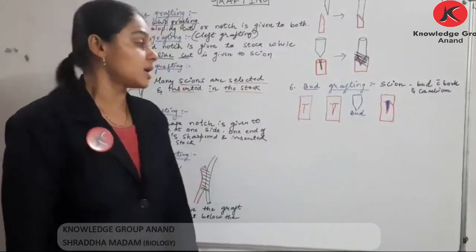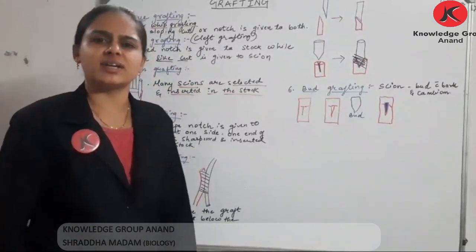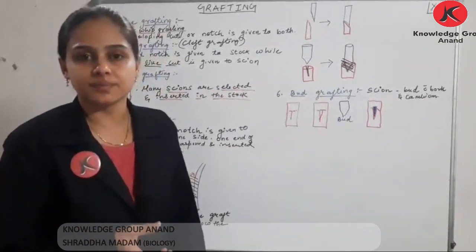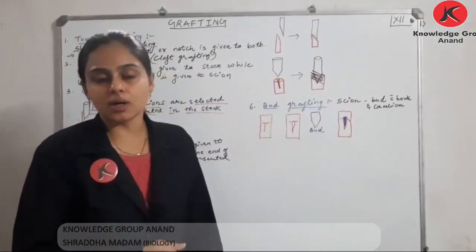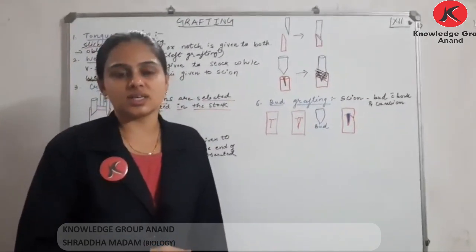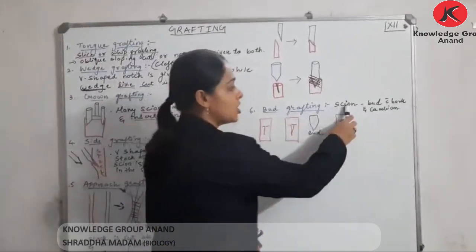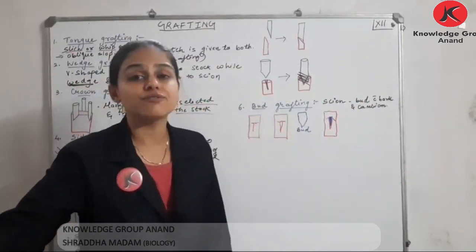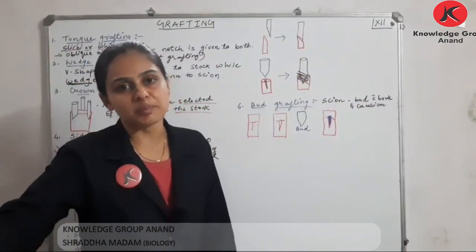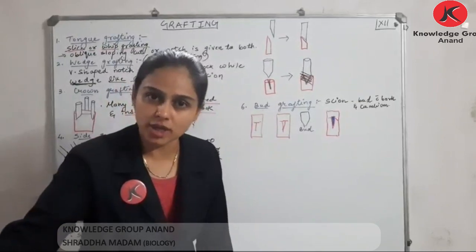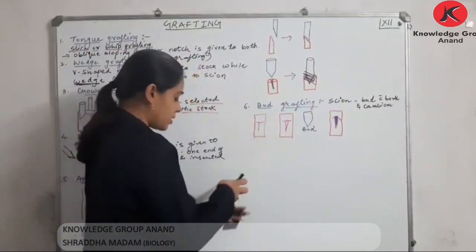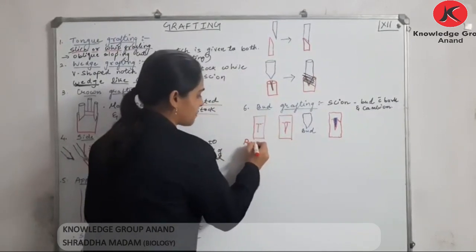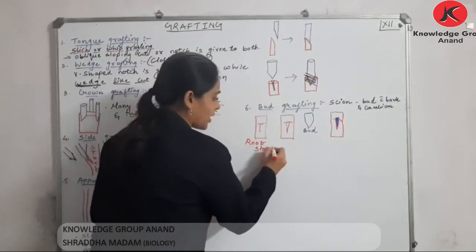And last is your bud grafting. As the name suggests, what are we going to use here? A bud. And this bud is our scion. The scion is a bud which has a little amount of bark and cambium. As you can see over here, this is your root stock.